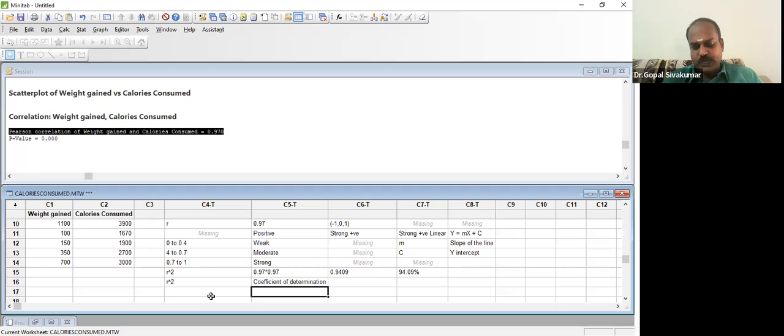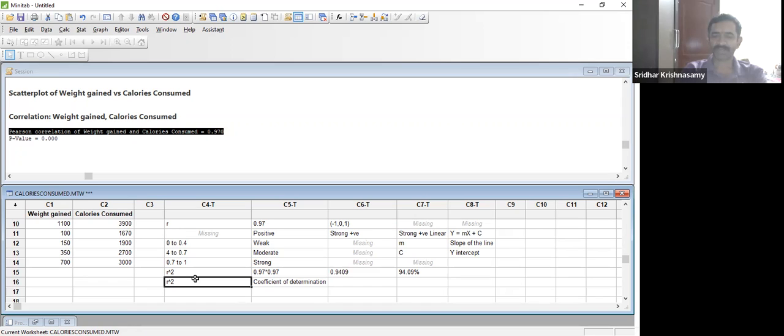Similarly, when the Y depends on more than one factor, you can understand that will appear in R square. The lower R square means the factor is not sufficient. You have considered a factor which is not the real cause, not the only cause.